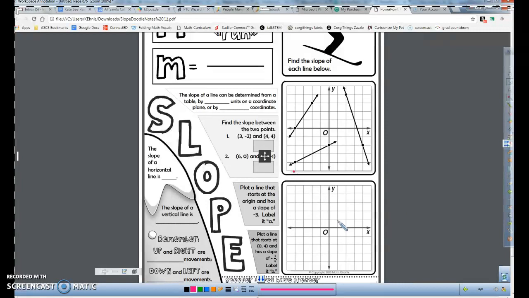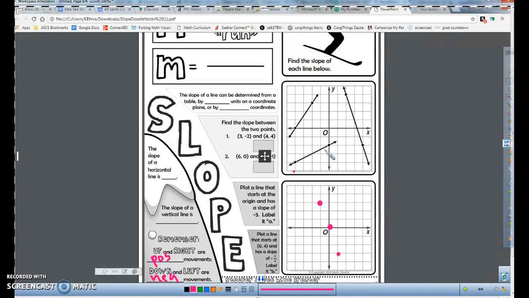So on my graph, I'm going to start at 0, 0, and it has a slope of negative 3. So I'm going to go down 3 over 1, or because I know that up and right are positive movements and down and left are negative movements, to get a negative slope, I could also move up but left, because that still gives me negative.